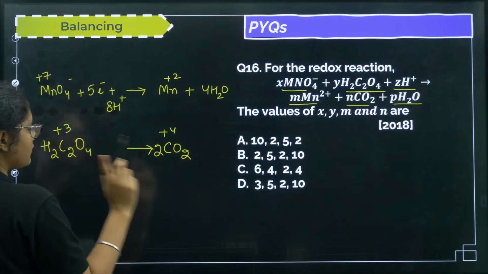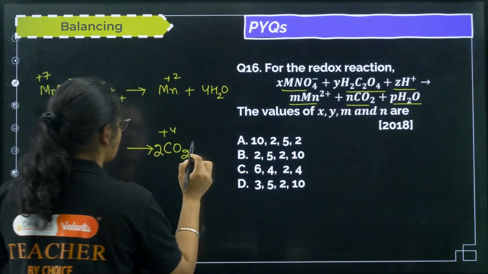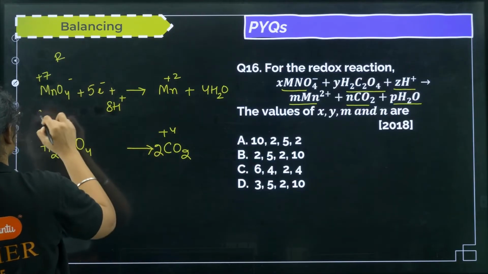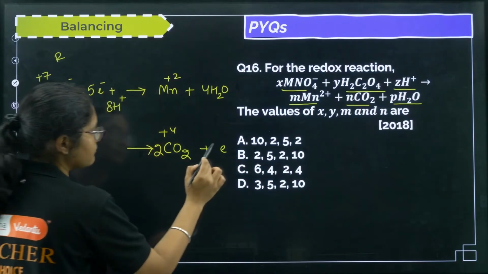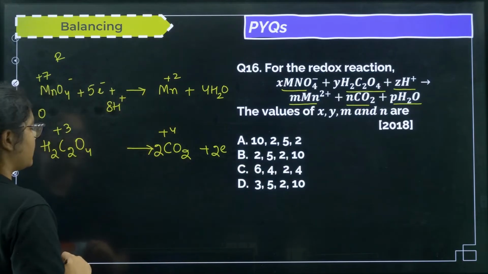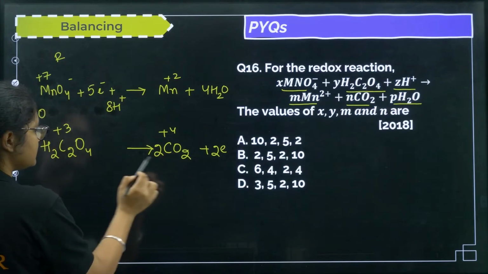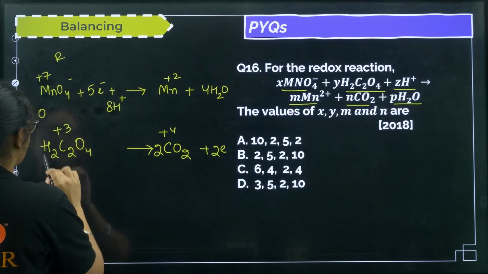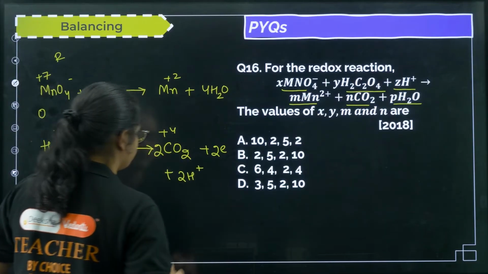So now you see for 1 carbon +3 to +4, there is 1 electron change. So this is your reduction part and this is oxidation part, right. So 1 electron loss will be there, but we have 2 carbons, so 2 electrons will be required, right. Now if I want to balance the other thing, carbon is balanced, oxygen is balanced, and I need to balance hydrogen. So for that I can add 2 H plus on this side, right.